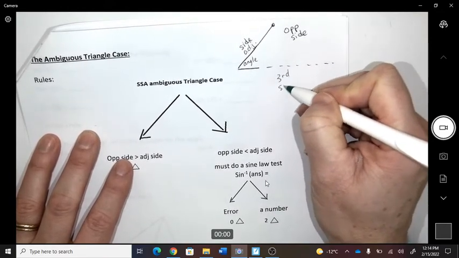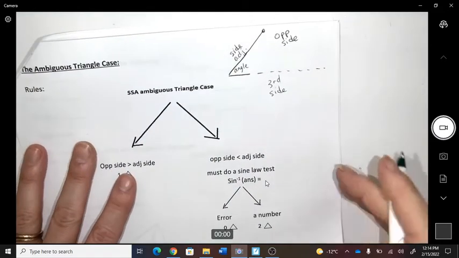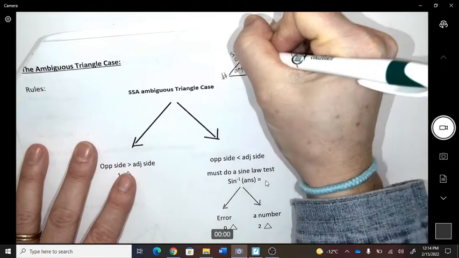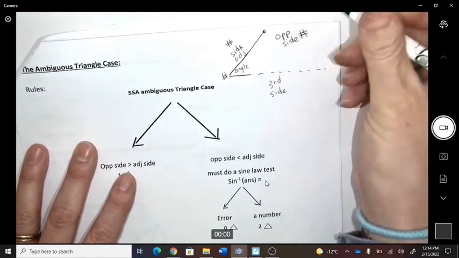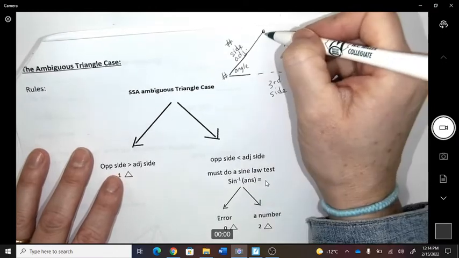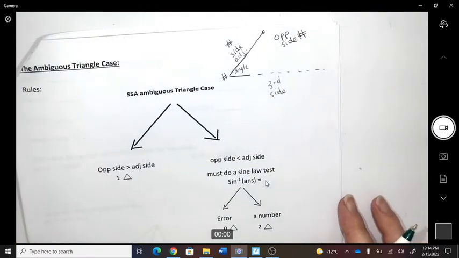And this is the third side I don't know. That'll be a question mark. And there's a bunch of different rules we're going to go through, and it's all depending on what we know about this opposite side.